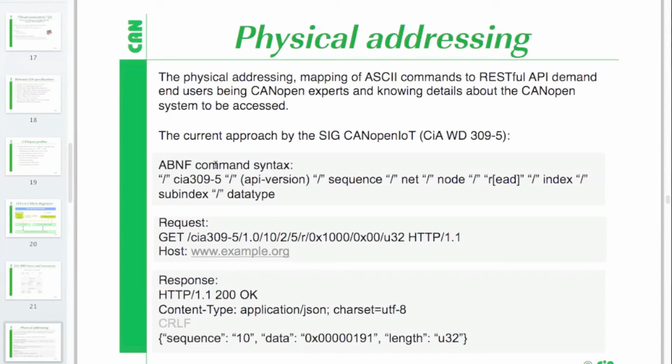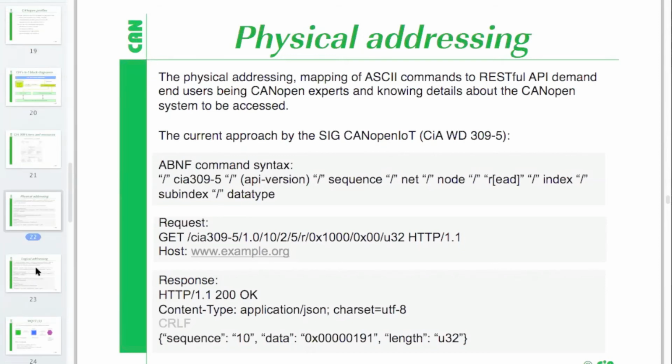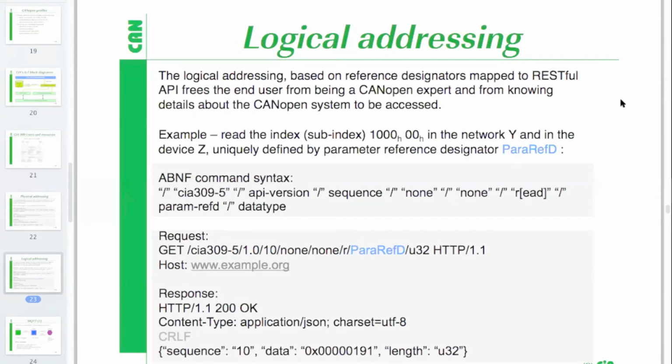So to ease or unify the communication in this case, we also designed the logical addressing. Don't mix it up with a logical sublink from the slide before.